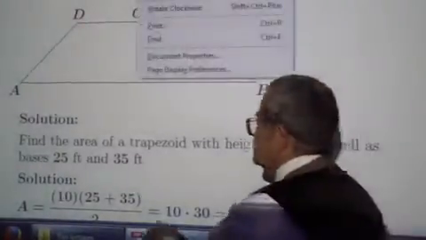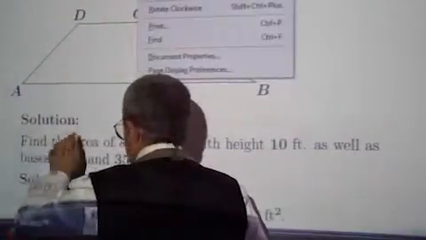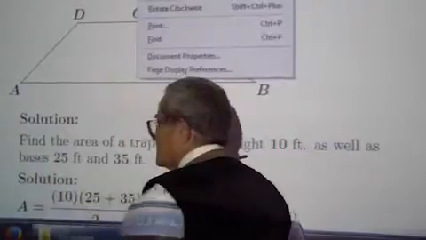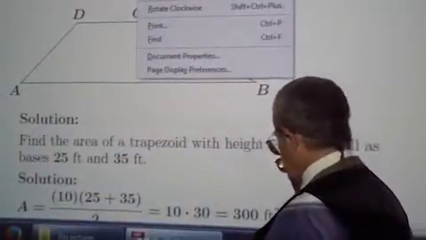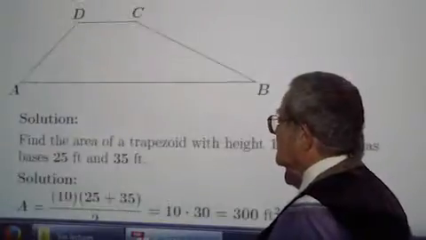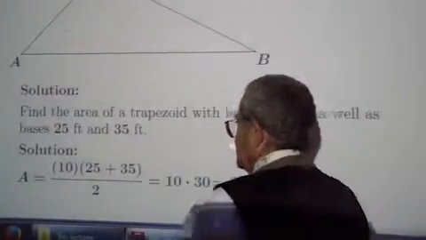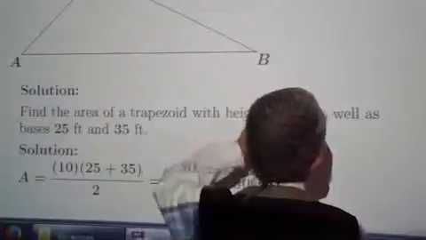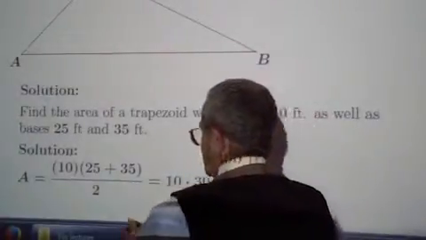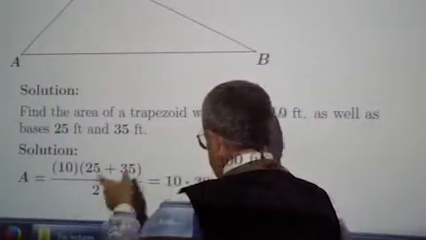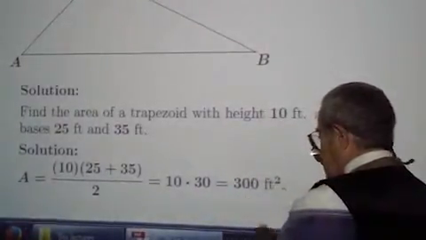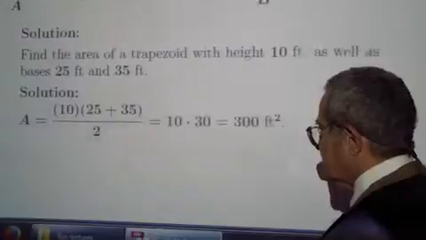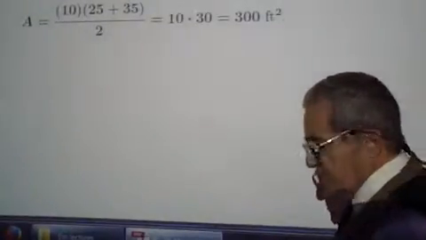It's not part of the solution. Cross out the solution here. The solution starts here. So we have height, which was 10 feet right here. We have the average of the two bases, which will give us 30, and the area is 300 square feet. And so much for that.